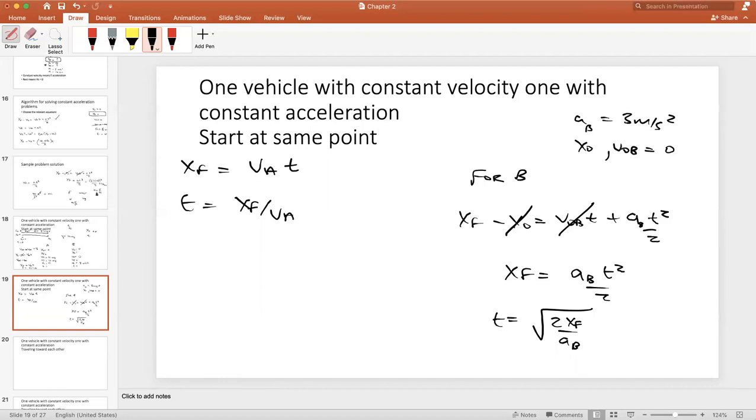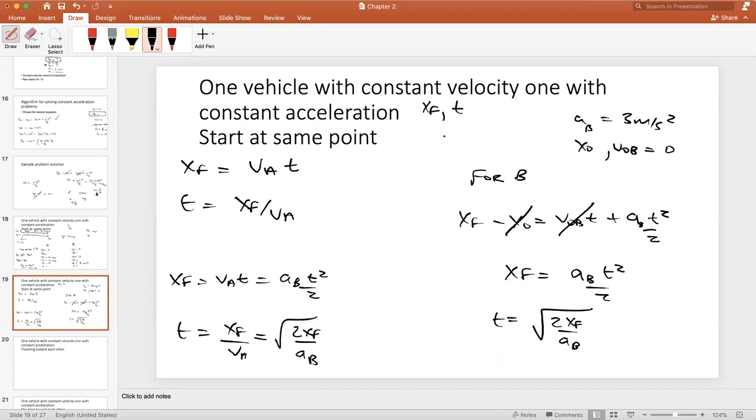I could set x final equal to vA times t, and it's also equal to aB times t squared over 2, or t is equal to x final over vA, but it's also equal to square root of 2x final over aB. What I wanted to know was x final and the time, so I can solve either one of those, whichever one I want.